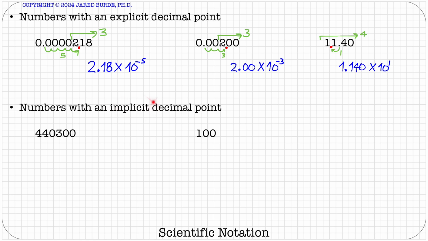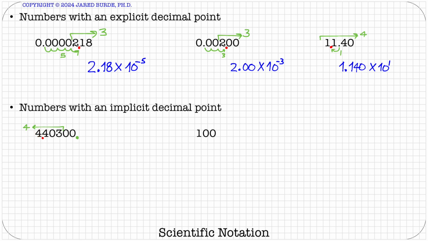Other numbers have implicit decimal points. They're not written, but they are implied. For example, the decimal point is always implied to be at the end of the number, even if it's not directly written. We're going to find our significant figures. There we have 4 significant figures. We know where we want to put the decimal point. It's going to go just beside the farthest left non-zero number.